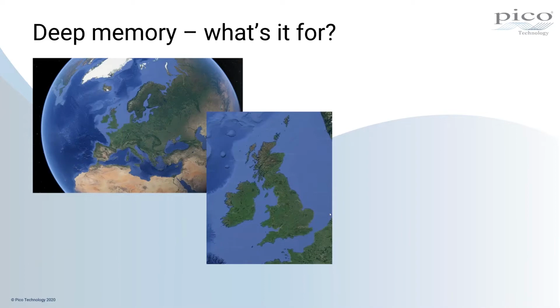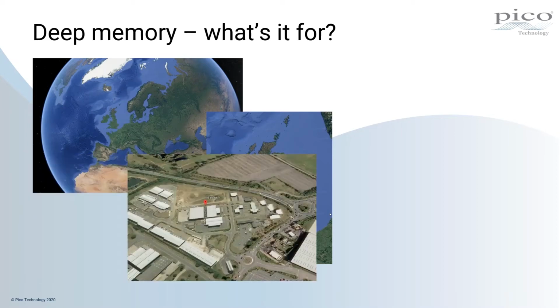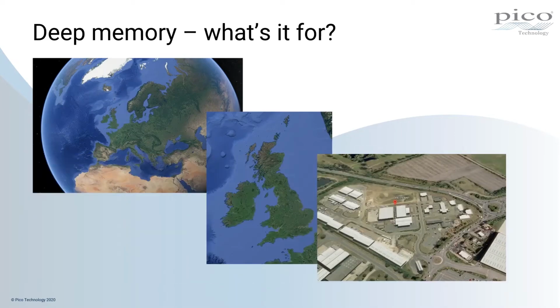We're a UK based company, so there's the zoomed in area of the British Isles, and zoom in even further and we can look at our own facility here in St Neots, Cambridgeshire, where we're based. Now that of course is very impressive, it gives the impression of a single image that was taken of the Earth, that we were able to zoom in and in and in until we got to the level of detail that was what we wanted.